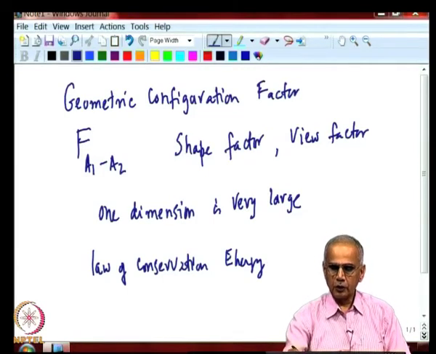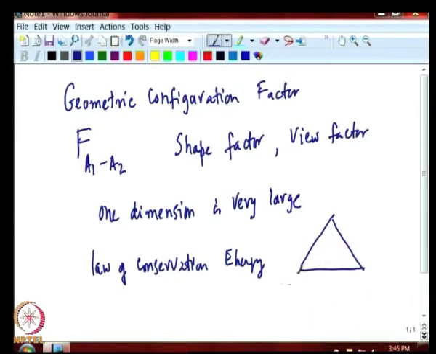In the last class, we saw that if you have a triangular enclosure, which is infinite in the third dimension, then you can easily calculate the shape factor between 1 and 2, 1 and 3, and 2 and 3 by just using the law of conservation of energy and also the law of reciprocity.